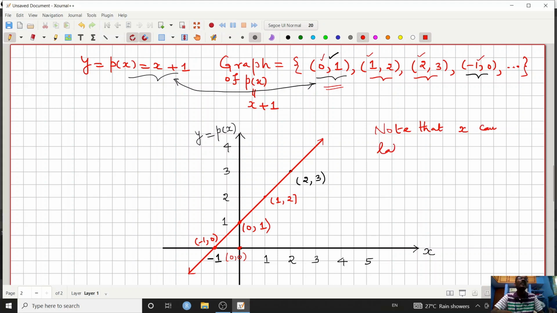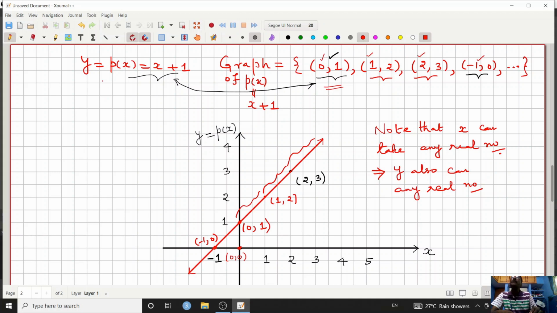When x can take any real number, it implies y also can take any real number. So no problem. We can join all the points between these two integers, between 1 and 2. Thereby we get a straight line.